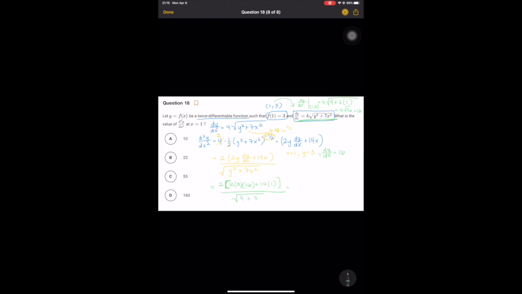Okay, so we know we're going to have that 4 on the bottom again, or the square root of 16. 2 on top, and then it's 6 times 16, we have 96, plus 14. Let me simplify this fraction here, 2 on the bottom. Here we have 100, 110, so we have 110 divided by 2, which is 55. Okay, looks like a good answer because it's on the list.